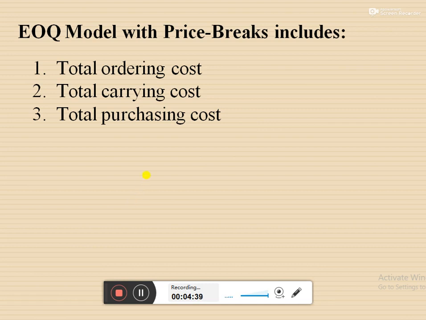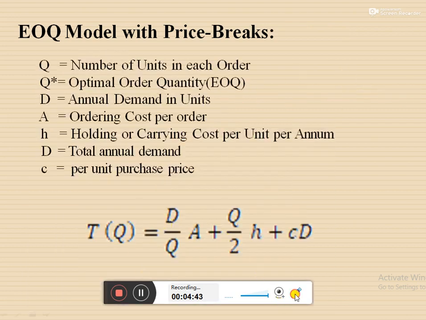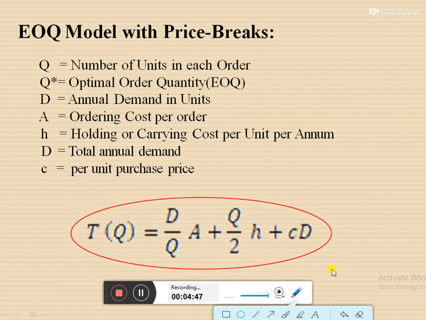The sum of these three costs can be expressed by this formula. That shows that total cost would be equal to ordering cost, carrying cost and purchase cost.